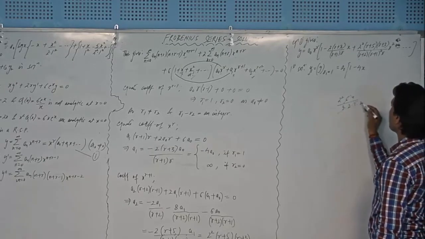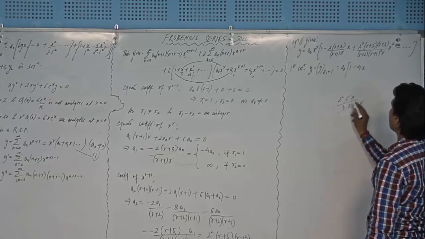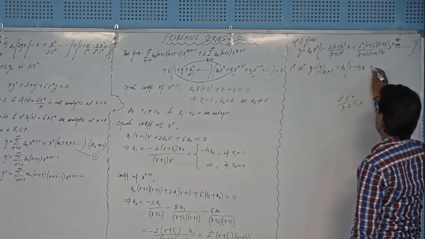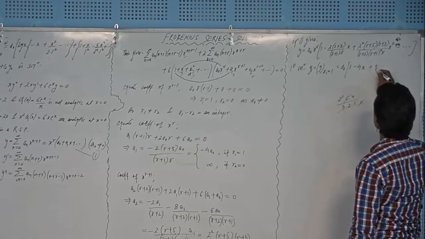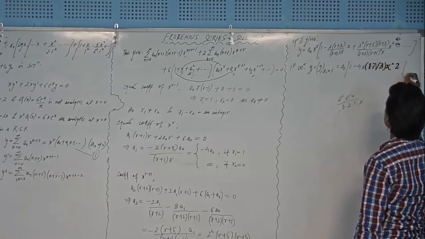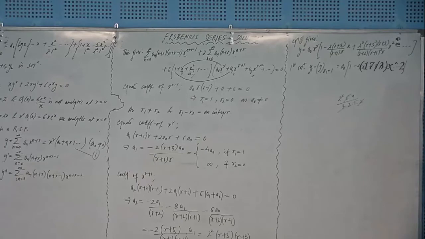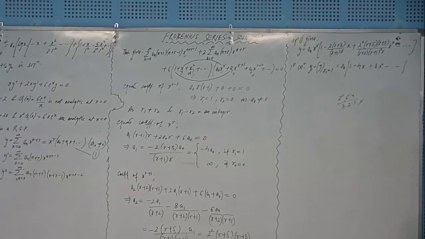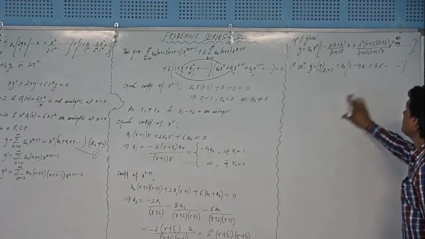So 6 and 6 will be cancelled, 2 will be cancelled, I think 8 will be left, so plus 8 x square and so on, right? And now this is the first solution, right?